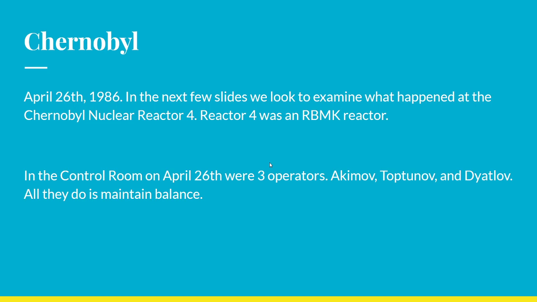It's at this point we'd like to talk about one of the cases where an accident did happen. This would be in Chernobyl. For reference, this happened April 26th, 1986.